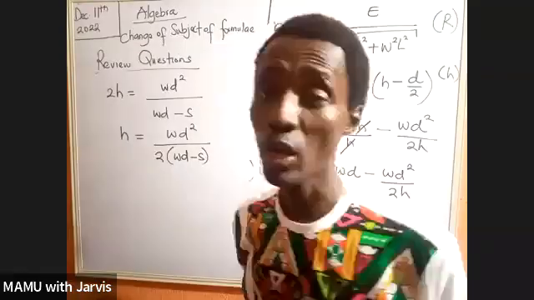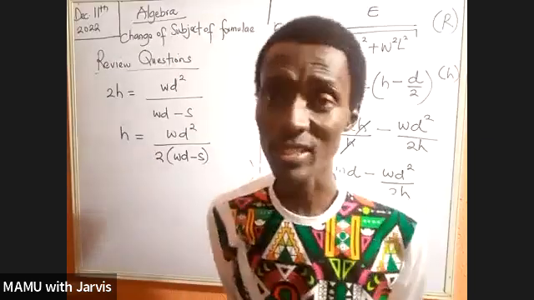I got H equals -d squared W over 2s minus 2dW. Oh, I'm seeing now. It's the same thing. You're right. I understand what's happening.